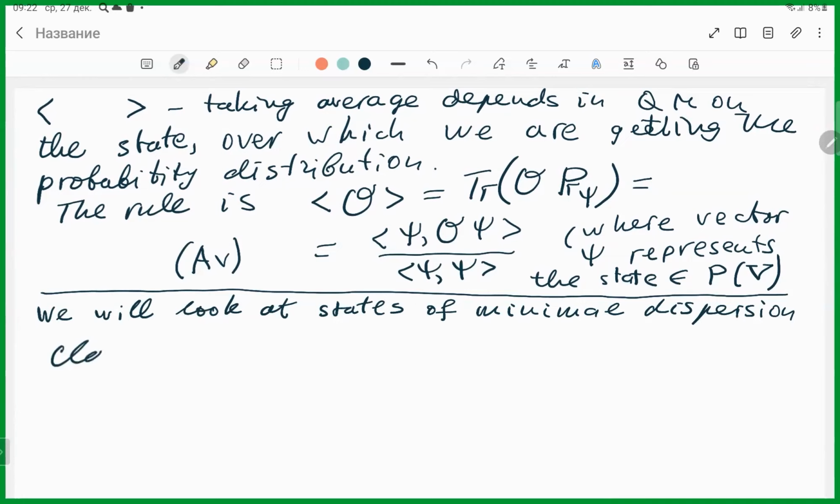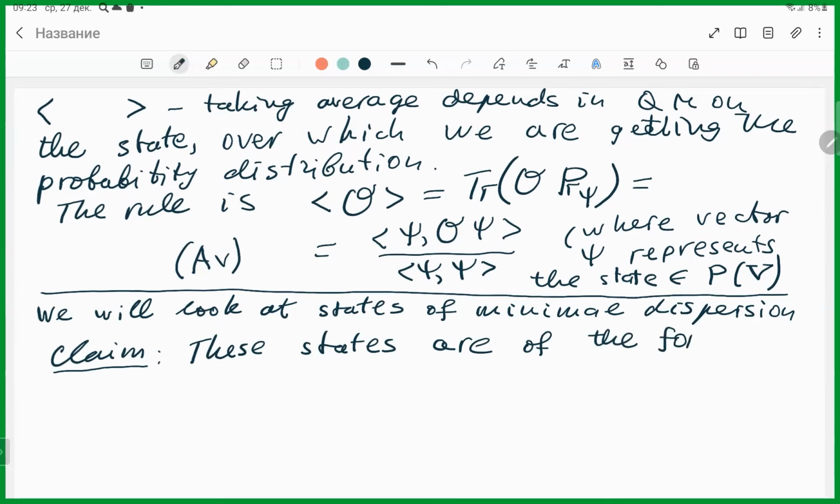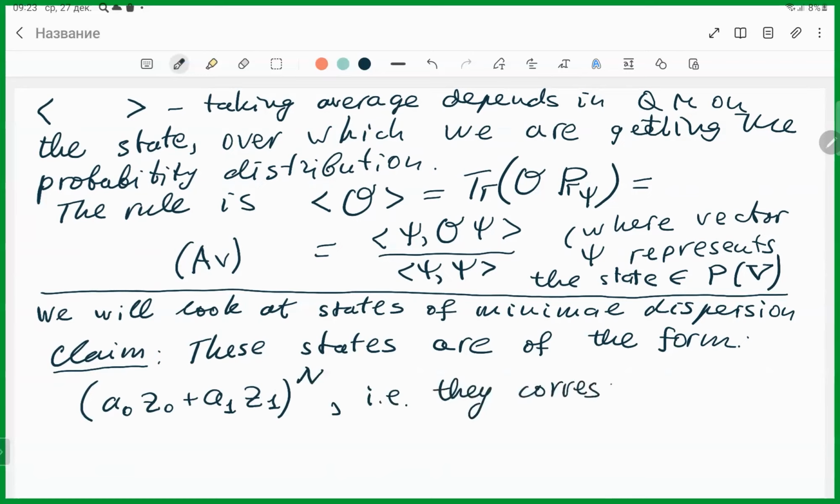I will make a claim. The states are of the form psi alpha.